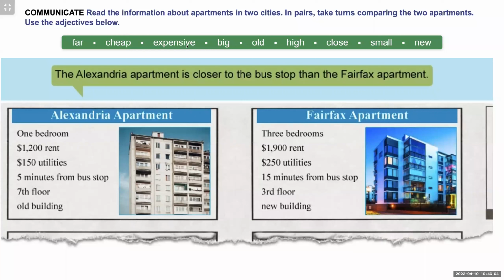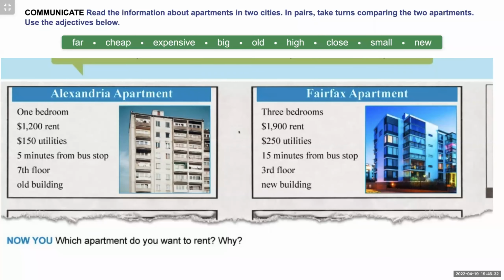I want you to tell me which one is more expensive, which one is cheaper, which one is far, which one is close, which one is big, which one is small, which one is old, which one is new.